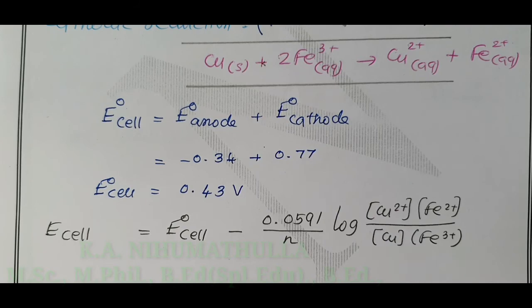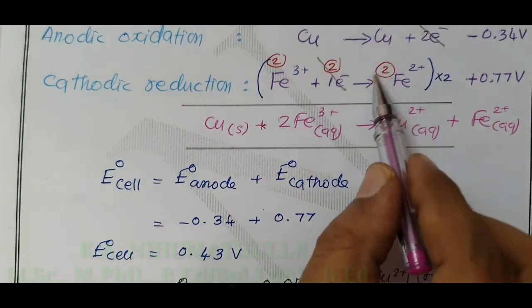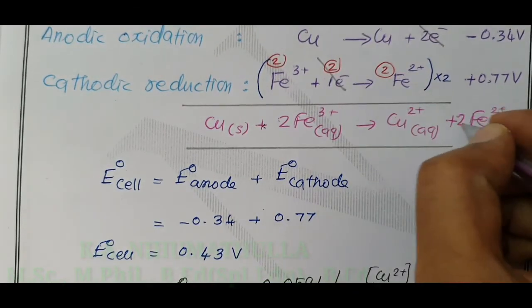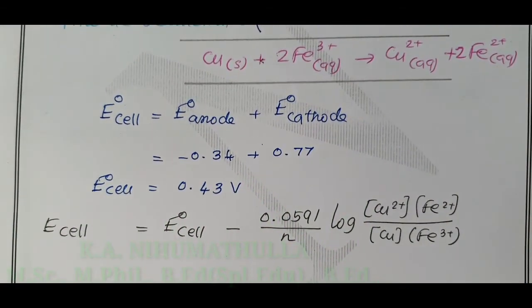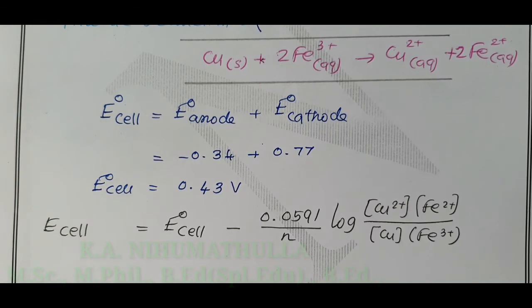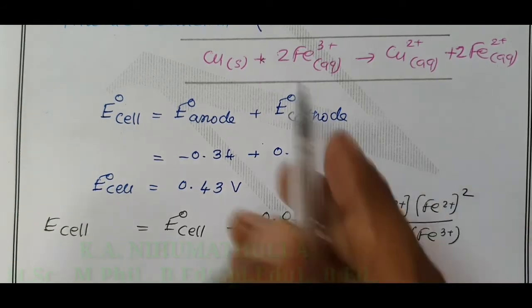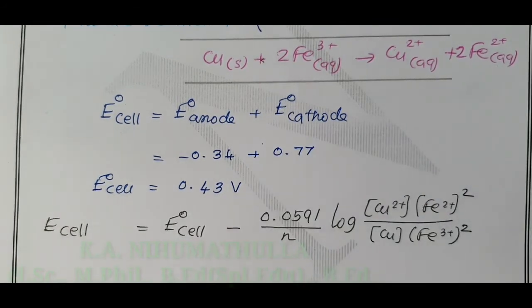We missed writing the 2 here: 2 Fe3+ and 2 Fe2+. Therefore, in this equation Fe2+ is squared and also Fe3+ is squared. That is very important.